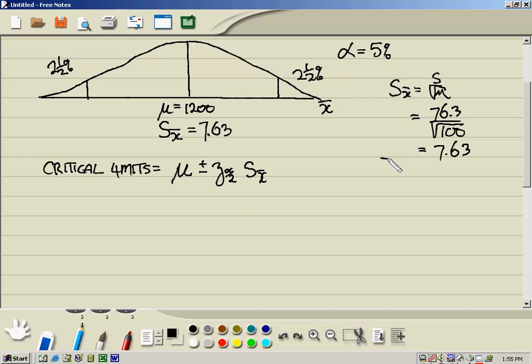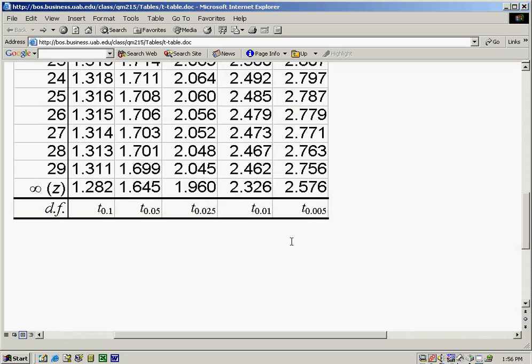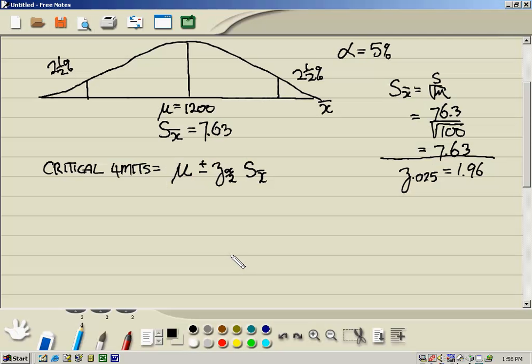Okay, and note that the z-value that we have here is a z-value with 2.5% in the tail, which is the 1.96. And as a quick review, let's look at the tables. The last row is for the z distribution, and we want 2.5% in the tail, so the number we want is 1.96.